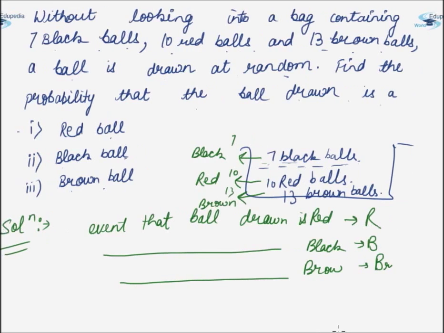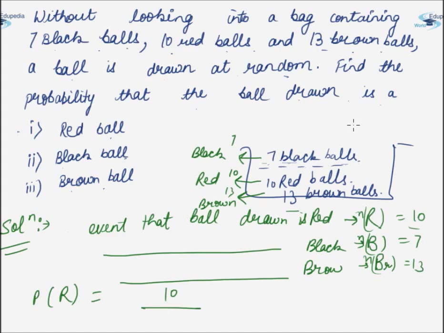So number of outcomes favorable to red are 10, number of outcomes favorable to black are 7, number of outcomes favorable to brown are 13. So the first probability that the ball drawn is red is number of outcomes favorable to red, that is 10, over total number of outcomes.